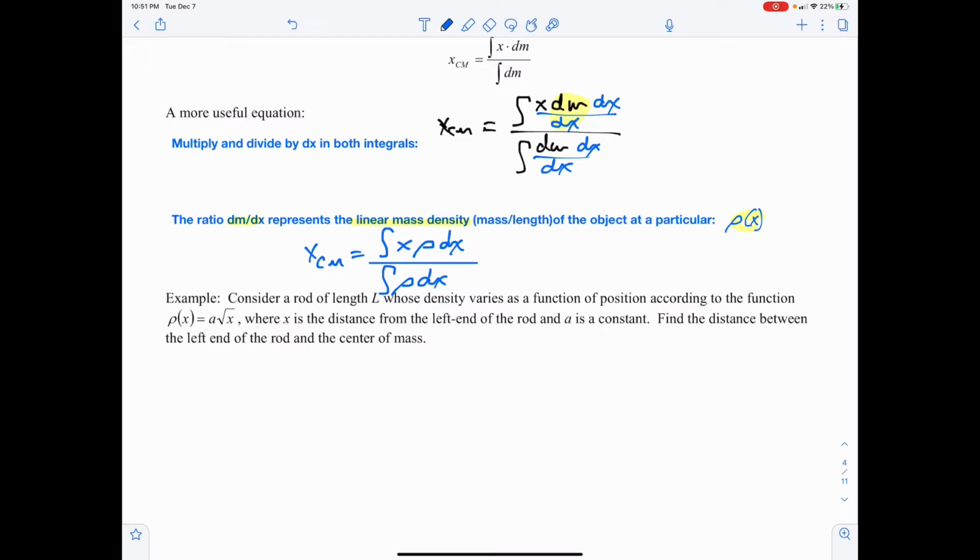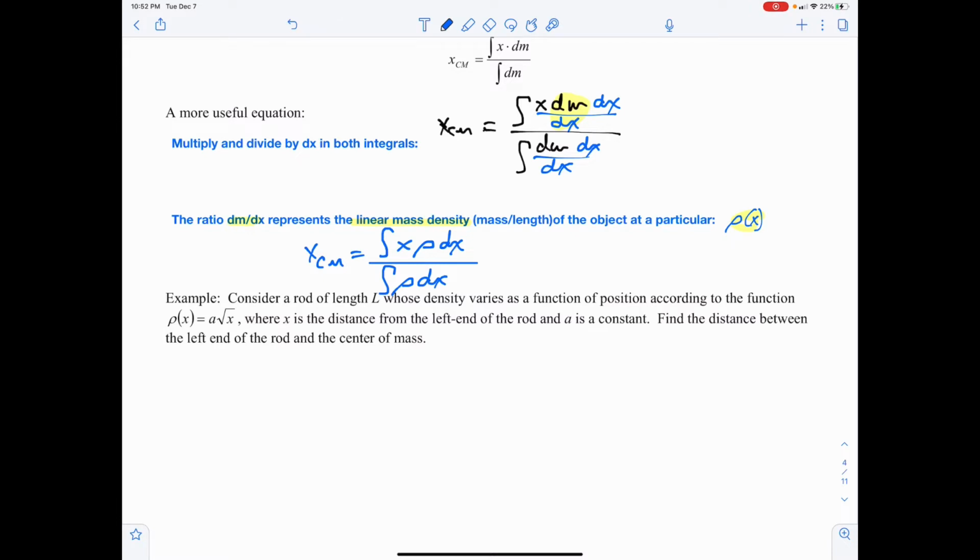So in this example, consider a rod of length L whose density varies as a function of the position according to the density function, rho of x equals a times the square root of x, where x is the distance from the left end of the rod and a is a constant. Find the distance between the left end of the rod and the center of mass.